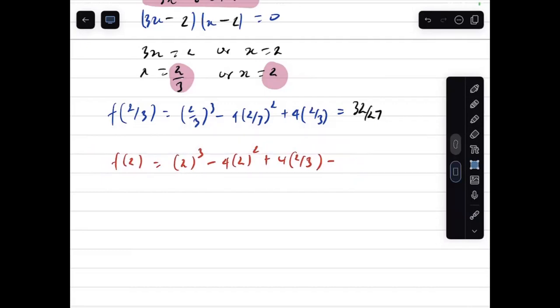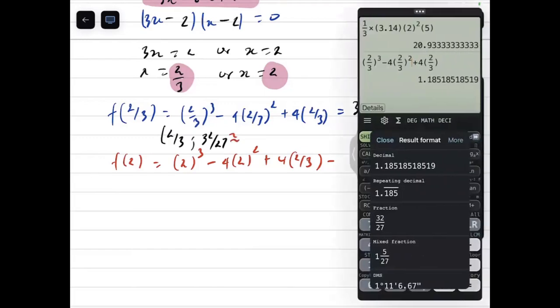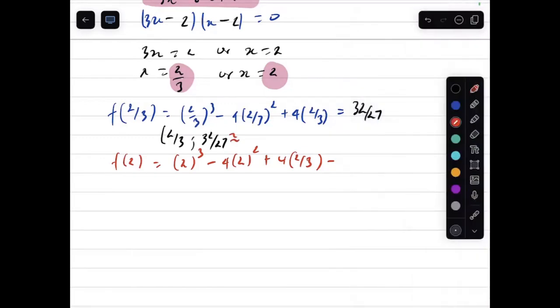The x turning point, yeah, 2 over 3. We don't know whether it's a minimum or maximum turning point. And 32 over 27 is equivalent to 1.185. Leave it like that. And then we have 2.